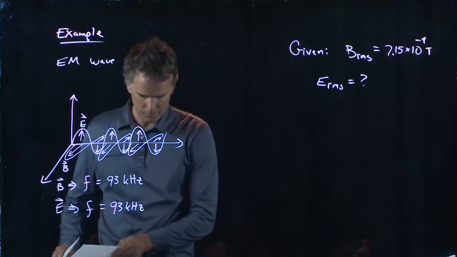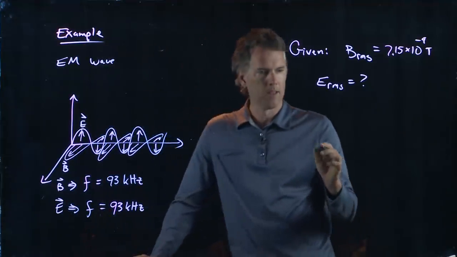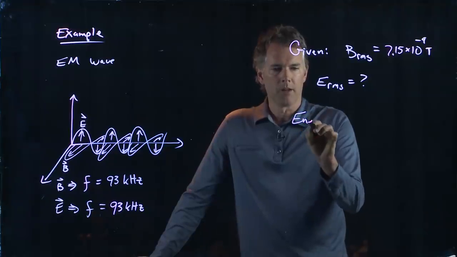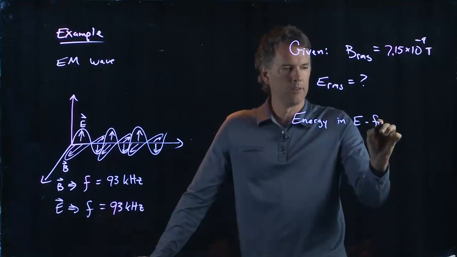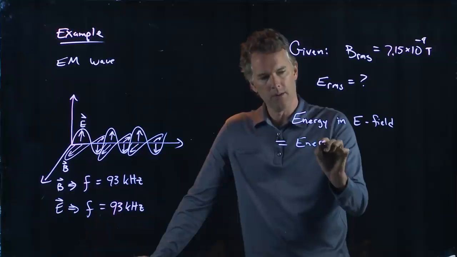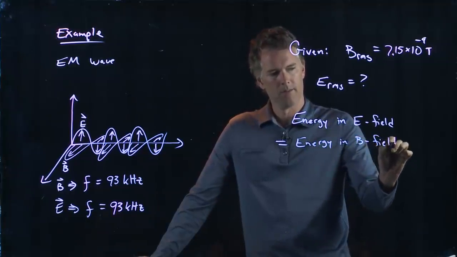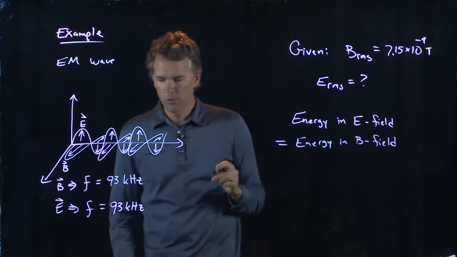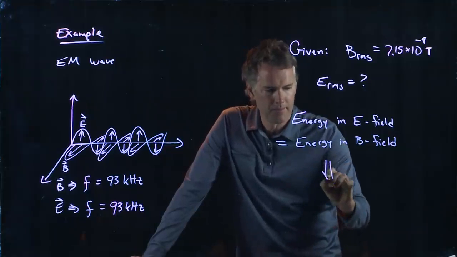This is going to be a little bit ahead of ourselves, but we'll get back to it in a second. What we can say is the following. The energy in the E field is in fact equal to the energy in the B field. And those things relate to each other by the speed of light.